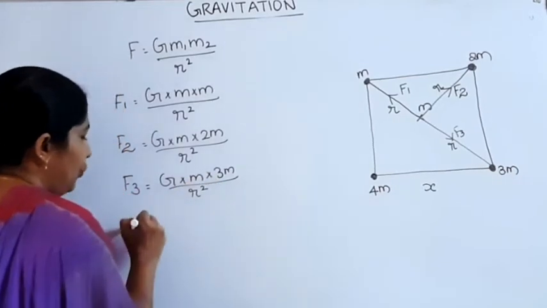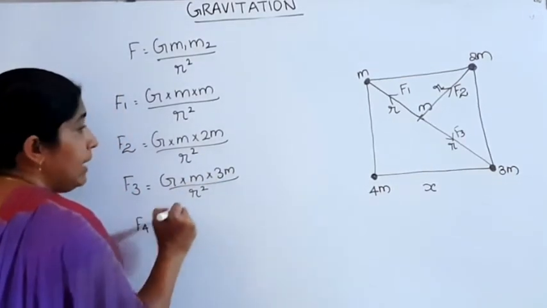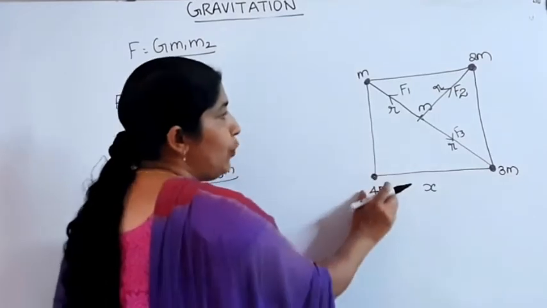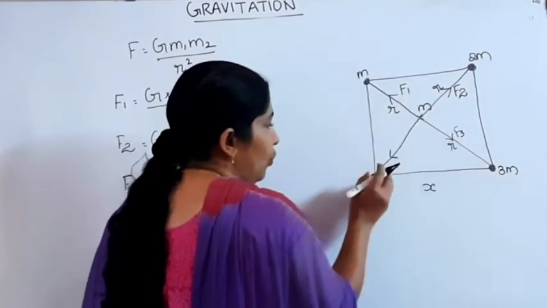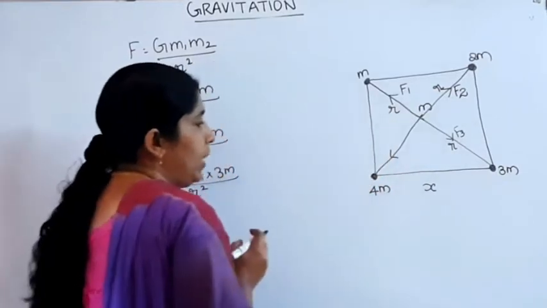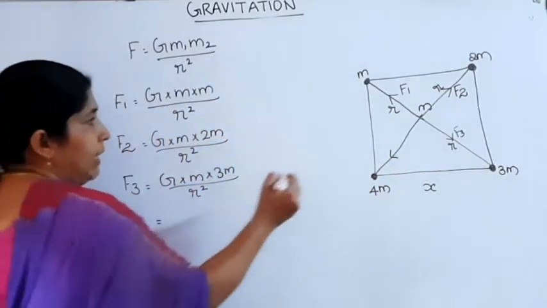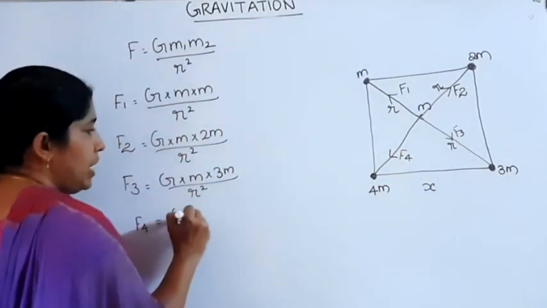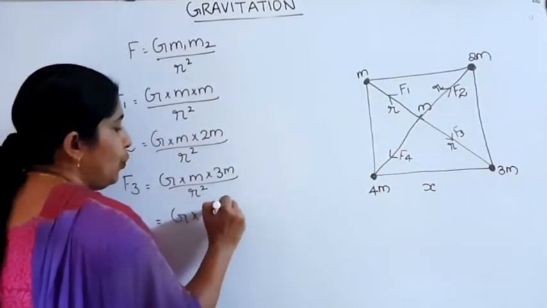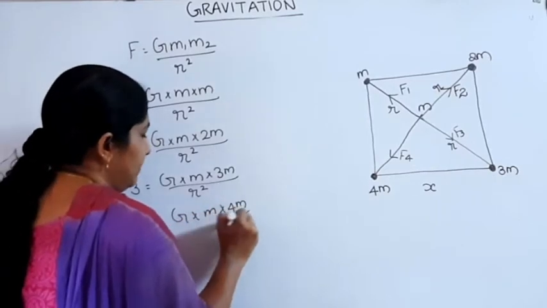Then what about the fourth force, F4? That is the force between 4m and m. It is also attractive in nature. The 4m mass attracts small m. F4 is equal to G into small m into 4m divided by r square.